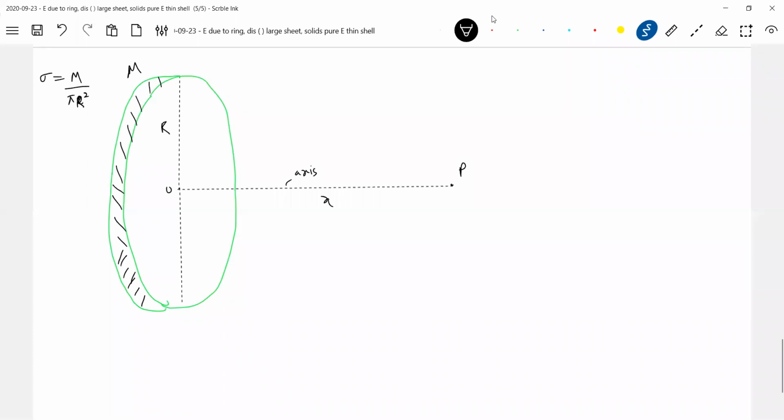So I'll begin with this. Let this be the elemental ring.